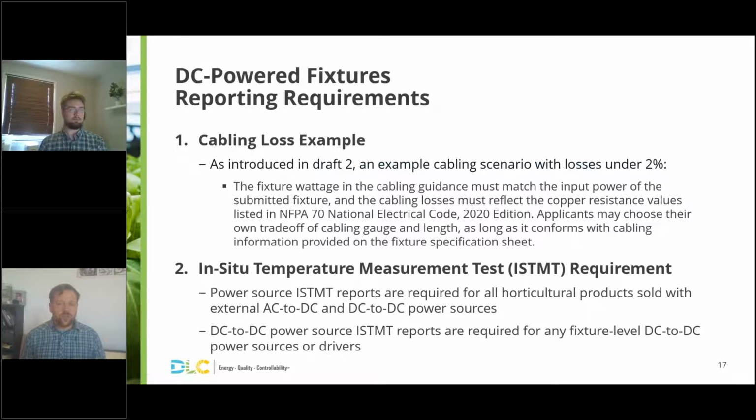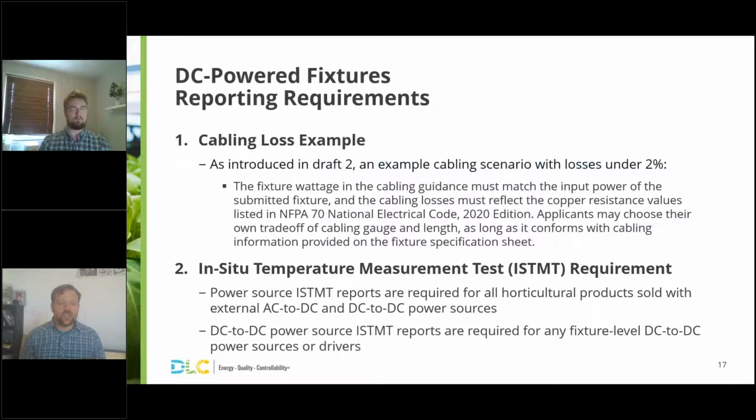The actual cabling is going to be determined by electricians and based on comprehensive site information. But what we found in talking to manufacturers was there were parameters in their typical setup that were worth providing as an example, series versus parallel wiring being the standard, the number of fixtures per cabling run. That kind of information is what we expect to see and are asking manufacturers for in that first example.